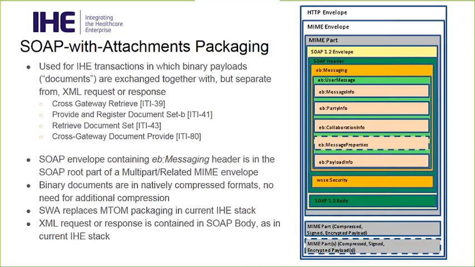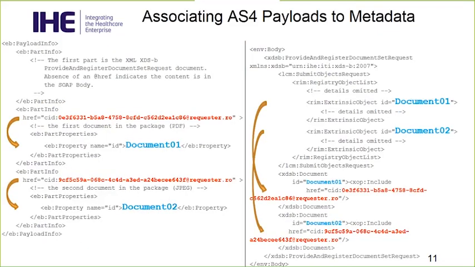If we now have attachments, the message brings the MIME envelope and the MIME parts, where the first part contains the SOAP header and the SOAP body, and the other part contains the various documents, eventually compressed, signed, and encrypted if needed. And the linkage, as I explained, is done in a dual mode.